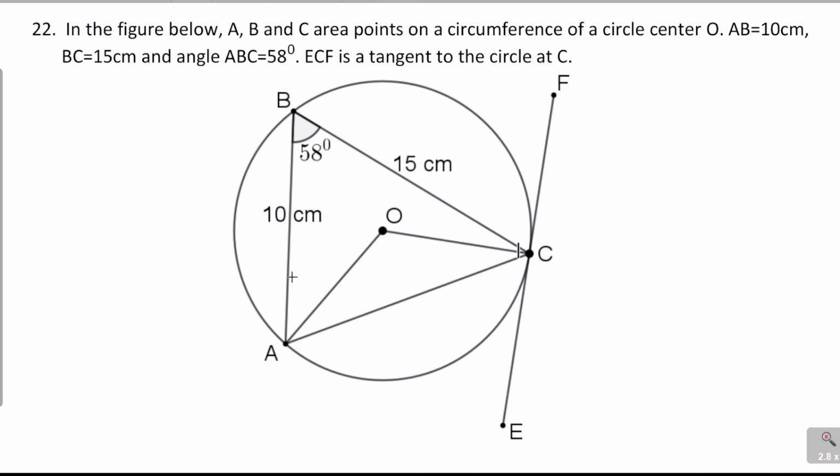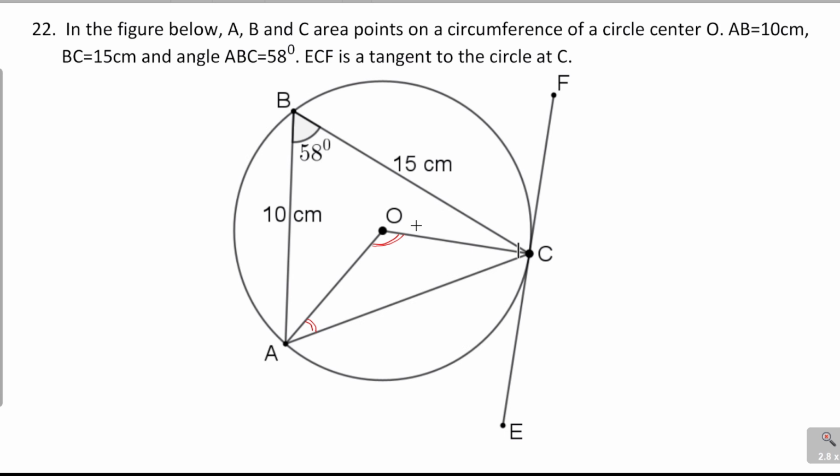So let me identify the angle. OAC is here. This is the angle you're supposed to calculate. What will help us to get that angle is this particular angle that is here. Angle AOC is the one that is going to help us. And there's a property that I'm going to use.